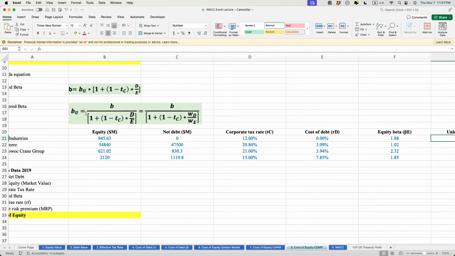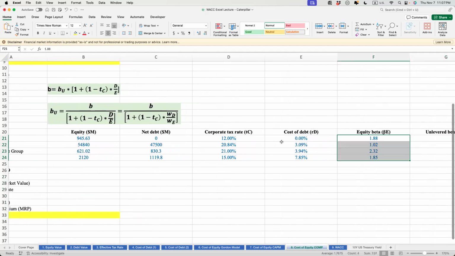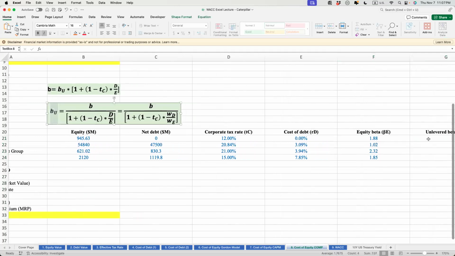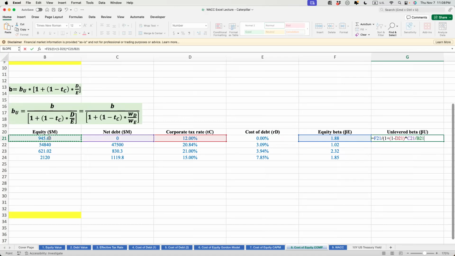Basically, for each company, if you have a levered beta and you're trying to solve for the unlevered beta, you take your levered beta as the numerator, divided by open parentheses, 1 plus open parentheses 1 minus that company's tax rate, so 1 minus your competitor's tax rate, close parentheses, multiplied by the net debt value divided by the equity value, close parentheses.